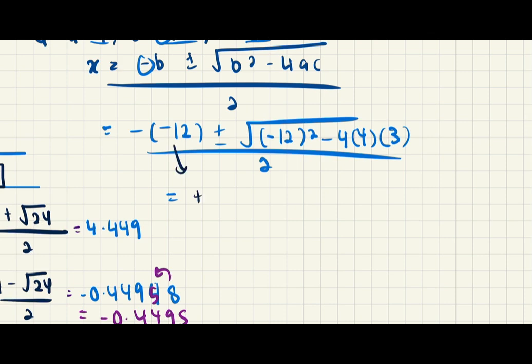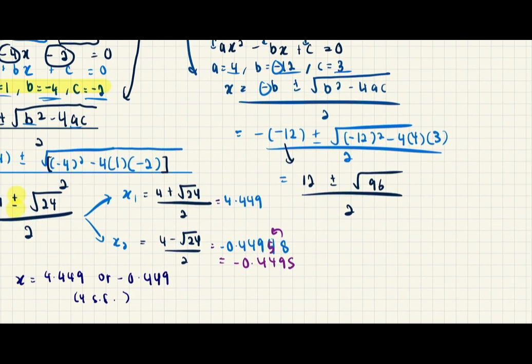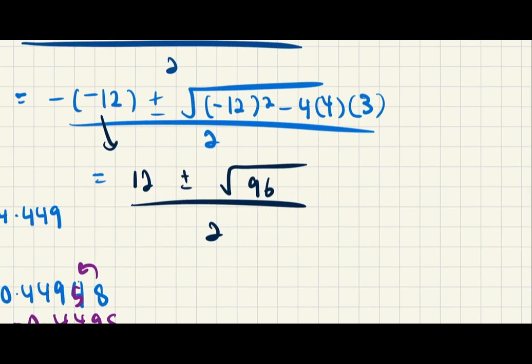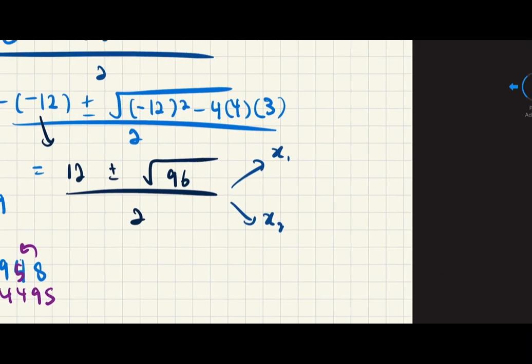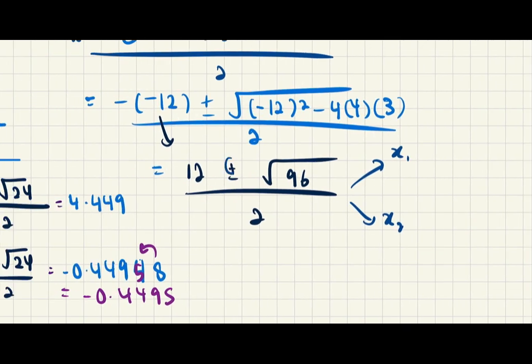So now you solve whatever's inside of the square root, and then we can simply write this as positive, right? Because negative, positive. Don't write positive in front. 12 plus minus square root of 96 over 2. And then now over here, what we can do is we can split x1, x2, where this symbol is either positive or negative.